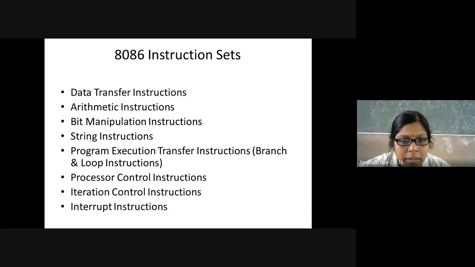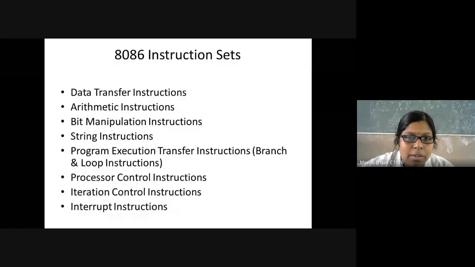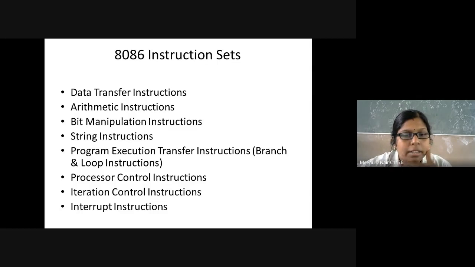Fifth is program execution transfer instruction, or branch and loop instructions. Then processor control instructions, iteration control instructions, and interrupt instructions.